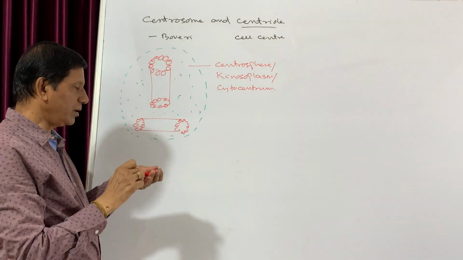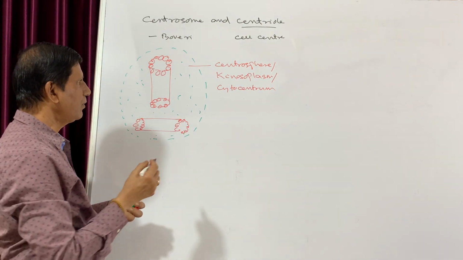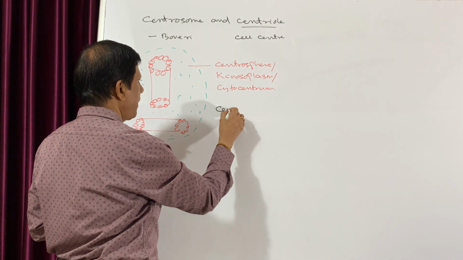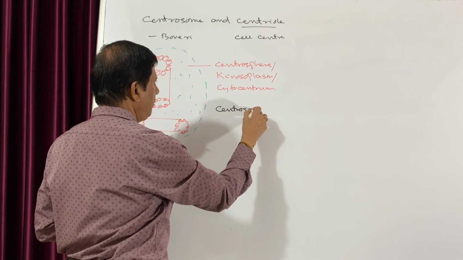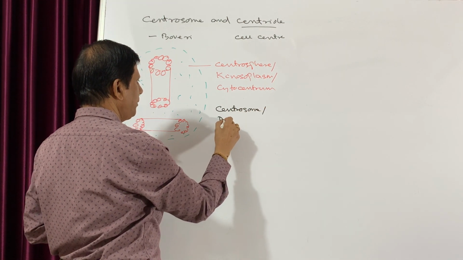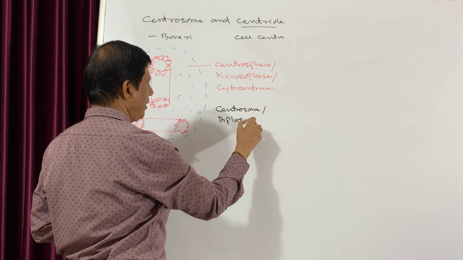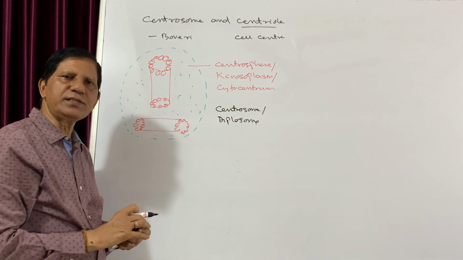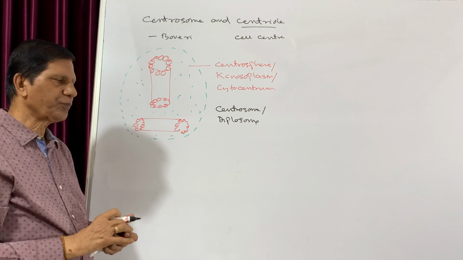So both these together, it is known as centrosome, or also it is also known as diplosome. And each one is a centriole.